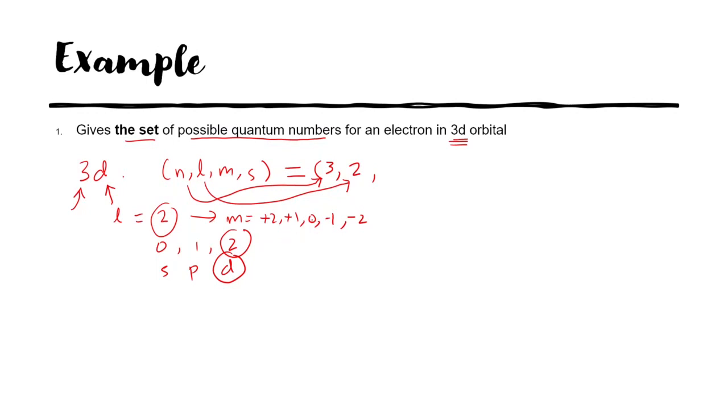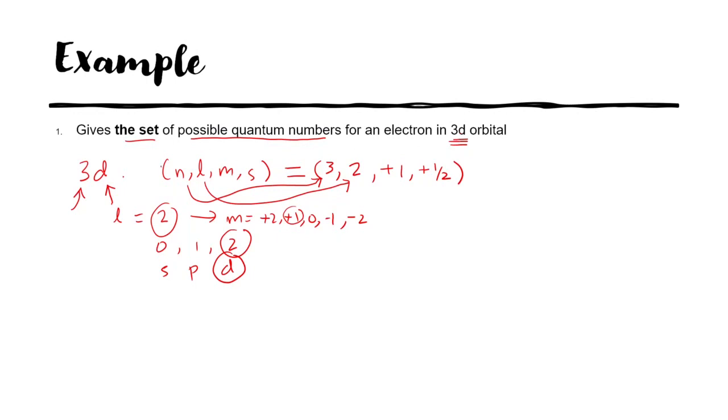So let's say we choose positive 1. And the spin, the same thing. You cannot write down positive, negative half like this. It's wrong. Choose one, negative or positive. So let's say I just choose positive. So this is a set of possible quantum numbers for an electron in 3D orbital.